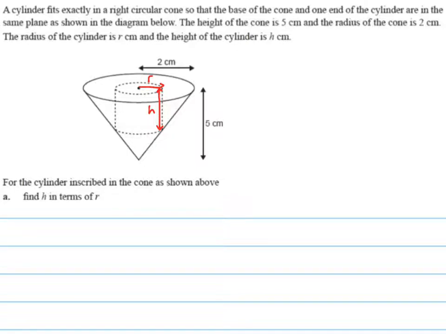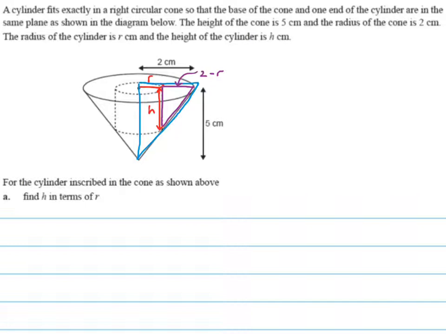Now look, similar triangles to the rescue, guys. There's a little purple triangle, which is an important triangle, and here's another one from the actual cone itself. That's important. See that? I've just labelled that side 2 minus R because that's what it is. You just see whether you agree with me.